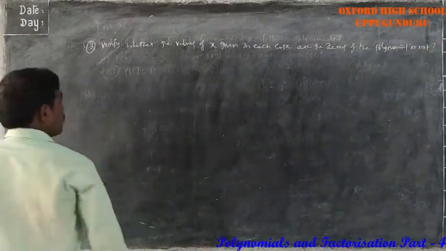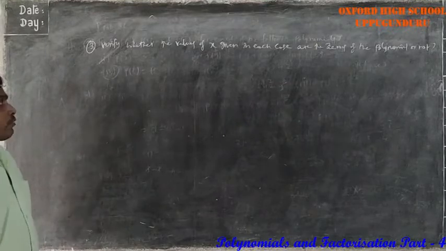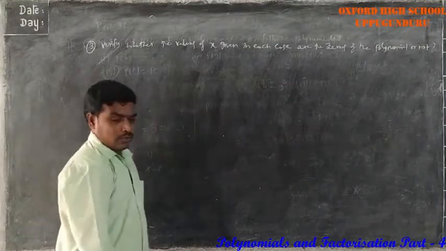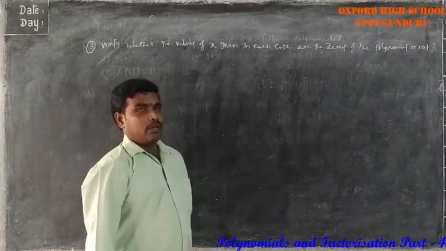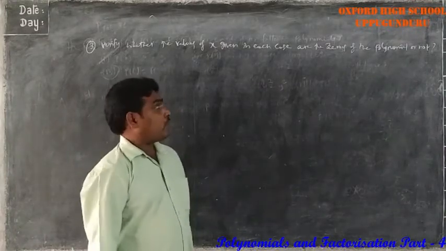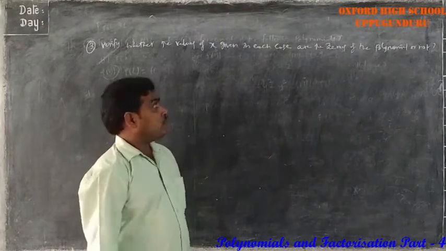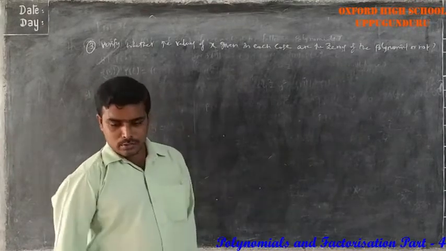Verify whether the values of x given in each case are zeros of the polynomial or not. They gave one polynomial and they will give different values for x. You have to check whether those values are zeros of the given polynomial or not.